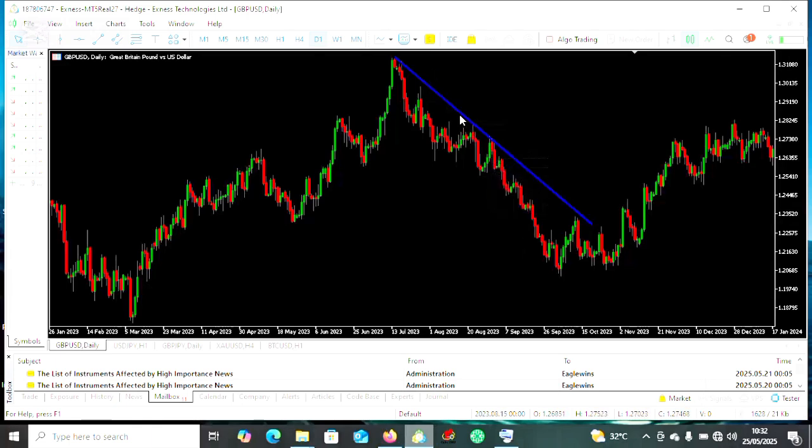This is a lower high here. Here is lower than here, here is also lower than here, and here is lower than here. So the trend line is drawn over the lower highs, showing you a downtrend.